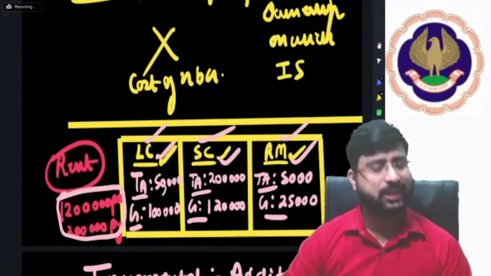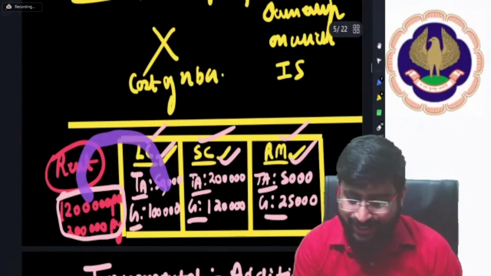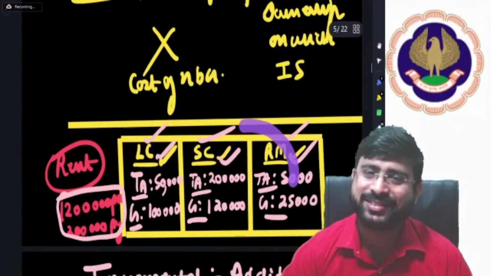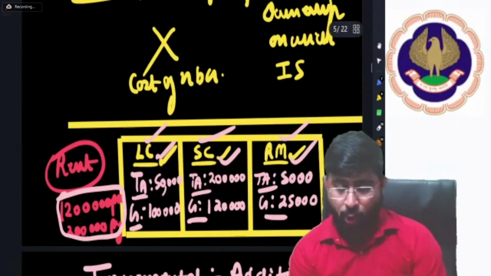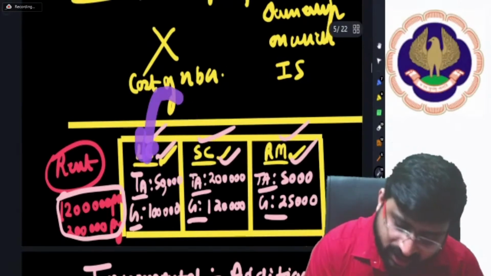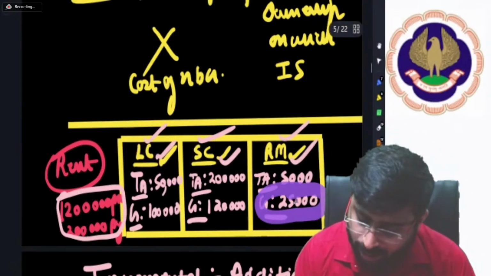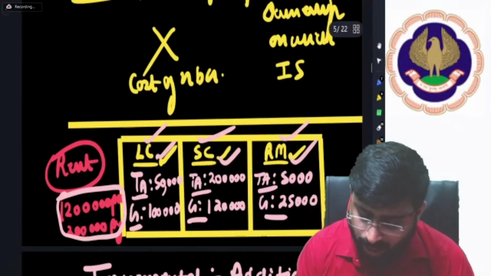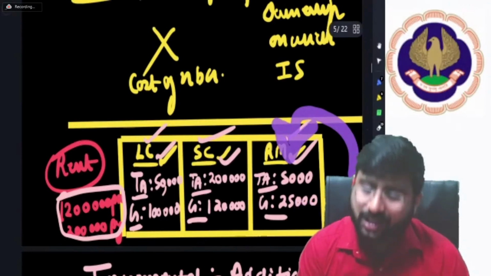Now see, as far as the rent of the factory is concerned, you cannot segregate it between the three cars. But suppose I bring a tire worth rupees 50,000, you will automatically know that it is the luxury car for which this cost is incurred. Suppose I bring a music system worth 25,000, you will immediately understand that it is for the regular model.